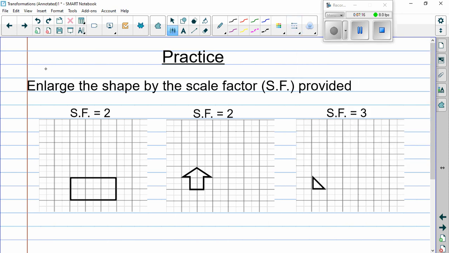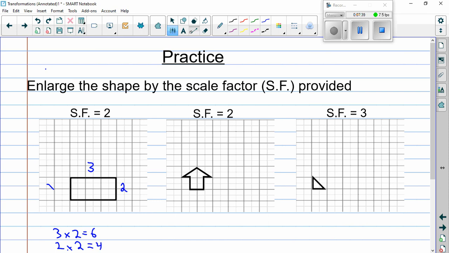So we're going to look at enlarging the shape by the scale factor provided. First thing we want to do is give some measurements to the shapes. So our first one is 3 and 2. We can do our little calculation: 3 times 2 is 6, and 2 times 2 is simply 4.